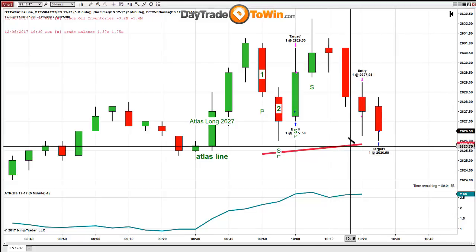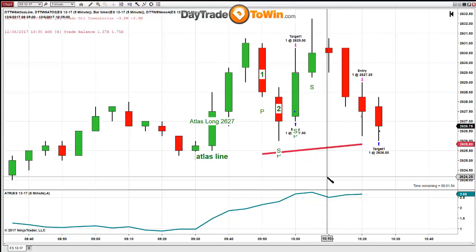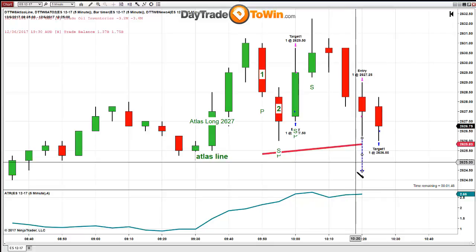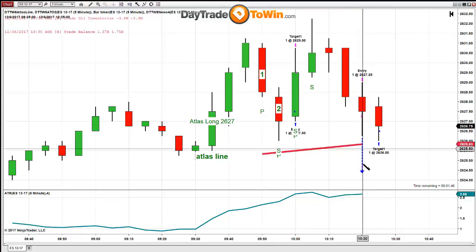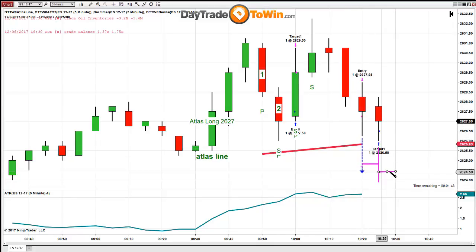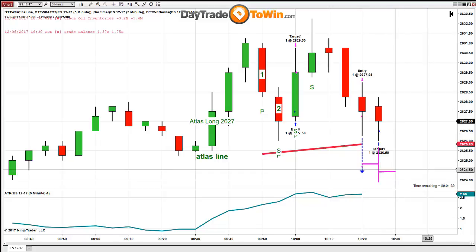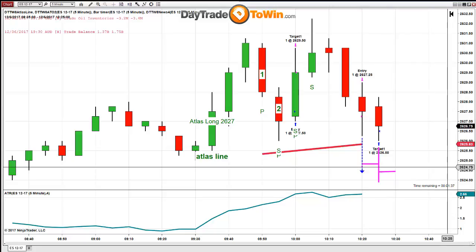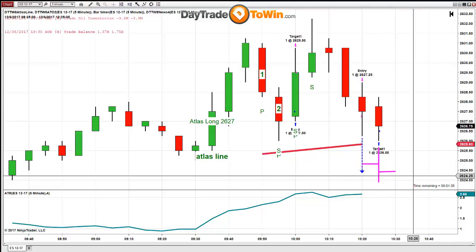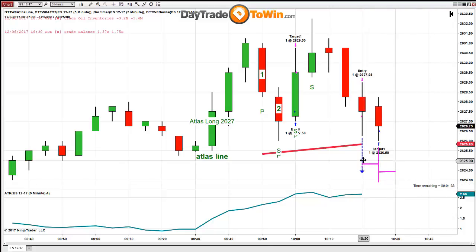And also, if you're anticipating that there's going to be an Atlas line trade to the short side, this is for those of you who have the Atlas line or are thinking about it. I want you to be prepared that as soon as the market provides 2 candles closing below the Atlas line, this is a signal to go short. So again, don't be surprised.